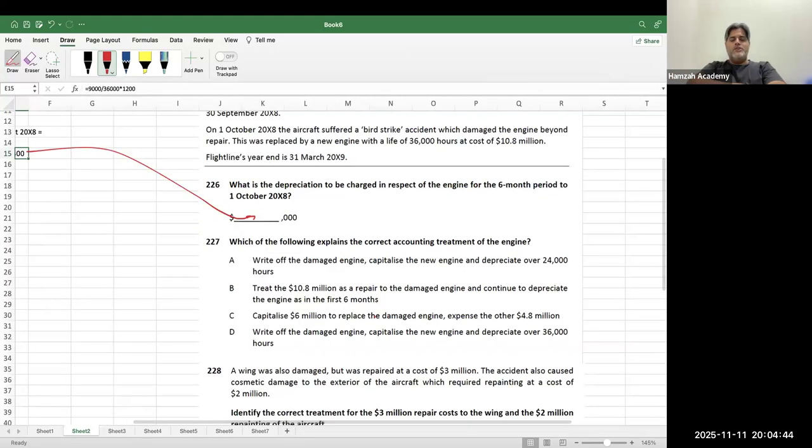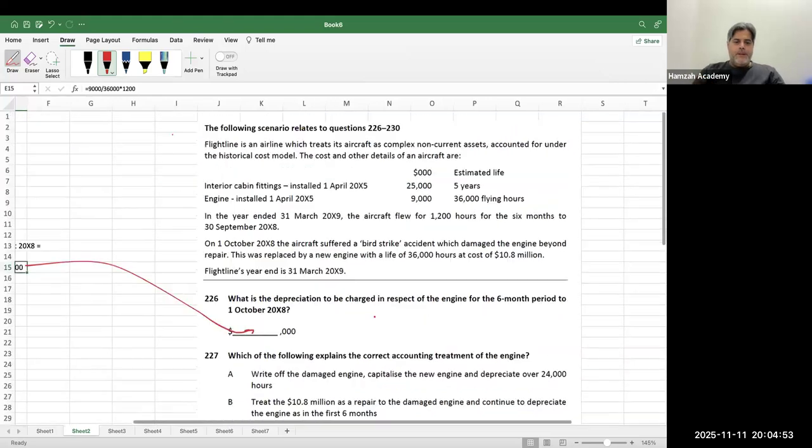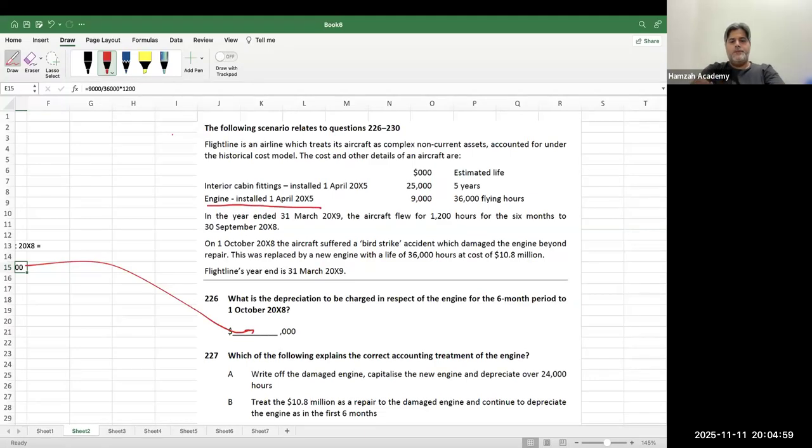Then, which of the following explains the correct accounting treatment of the engine? So what happened? We had a bird strike accident. After the accident, the engine was damaged beyond repair.